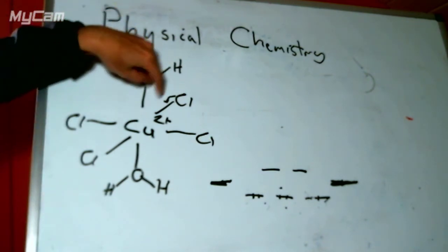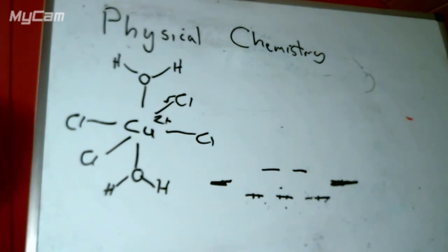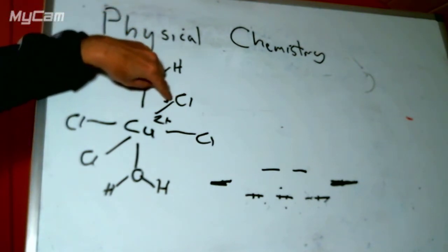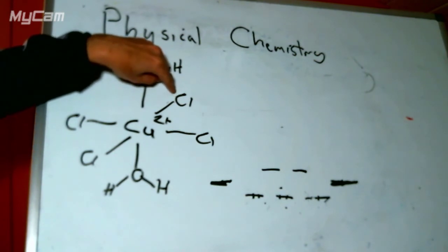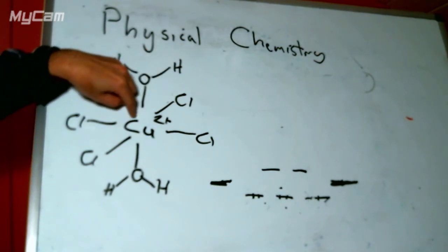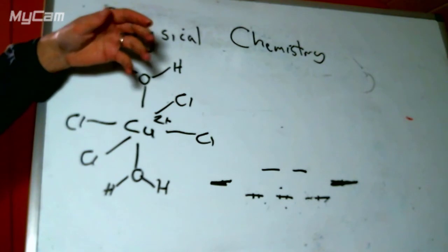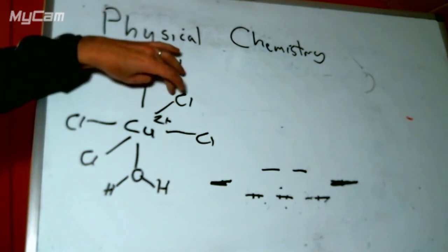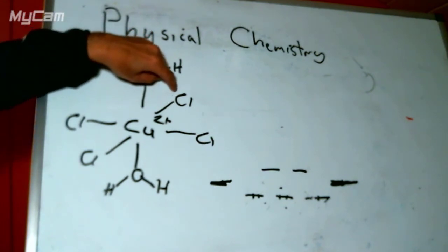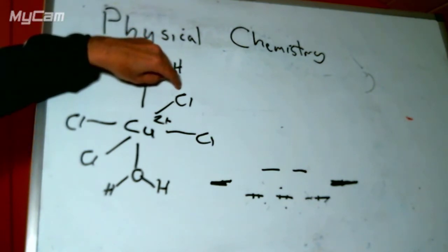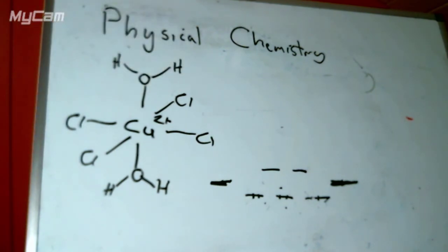The other one would be a charge transfer from the ligand to the metal. So we can also knock an electron out of here directly into the copper. So that would effectively be an electron transfer into one of these orbitals from an orbital on one of these ligands.